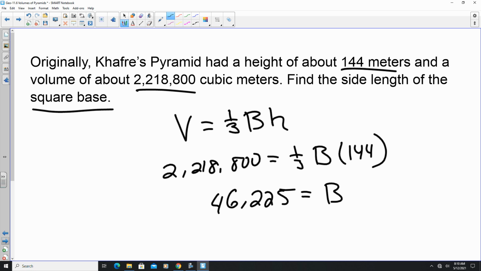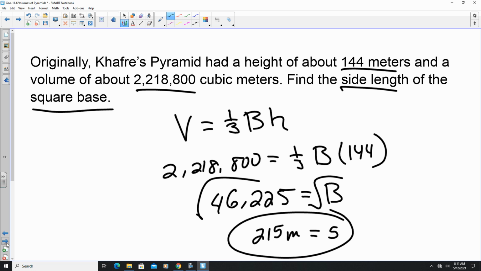So to find the side length, I simply take the square root of 46,225, which will give me a side length of 215 meters.